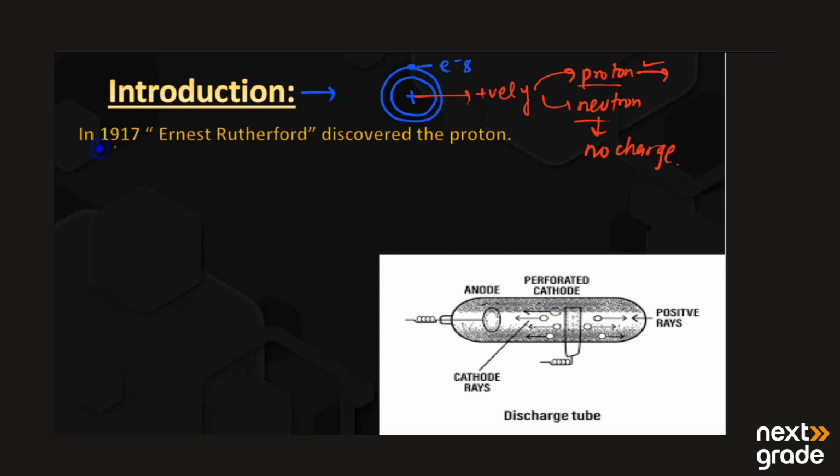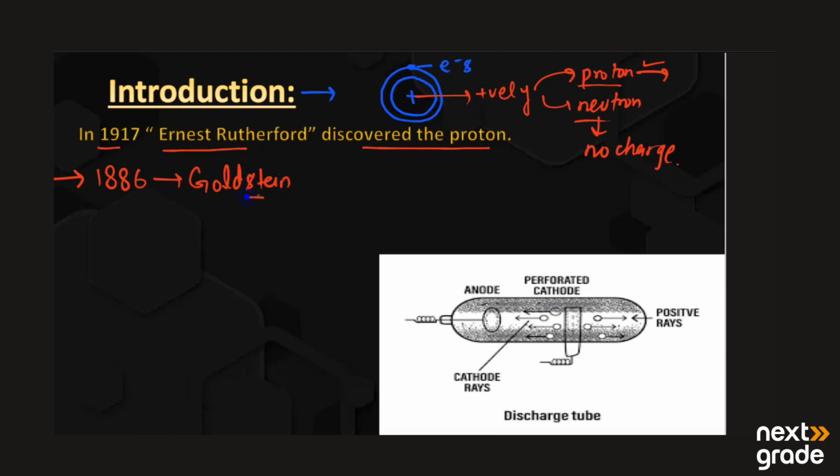Basically, in 1917, the scientist Ernest Rutherford discovered the proton. But before the work of Ernest Rutherford, there was a scientist in 1886 whose name was Goldstein.